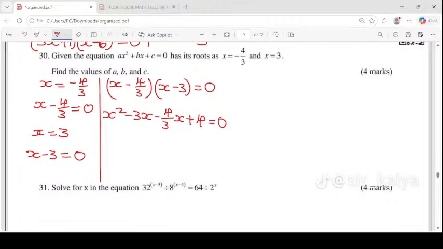So this can be reduced to x squared, then you have negative 3 minus 4 over 3, which gives you negative 13 over 3, x, plus 4 is equivalent to 0.